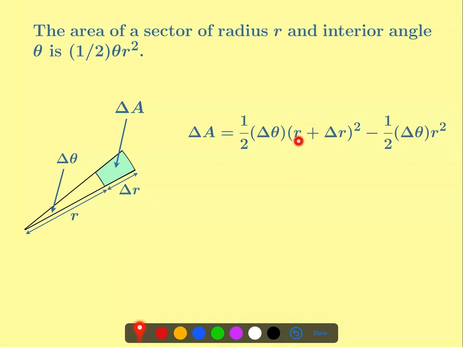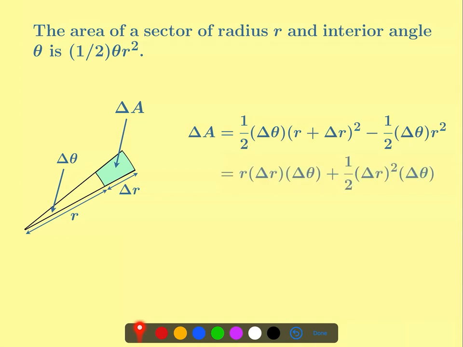You can see the r squared here when I multiply this out, times delta theta times 1/2 will cancel with this. I will still have a 2r delta r for the middle term times delta theta times 1/2. So that'll be an r delta r delta theta. And I'll have a delta r squared times delta theta times 1/2.